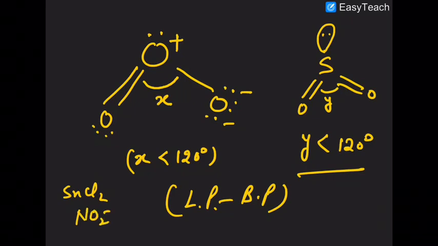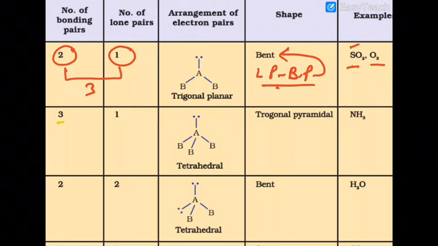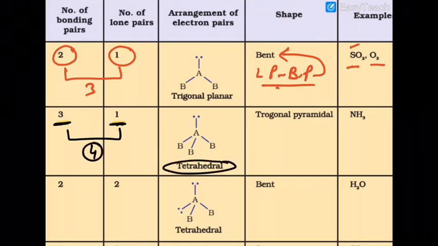Now if there are 3 bond pairs and 1 lone pair, I am repeating once more, total 4 electron pairs are there. The perfect geometry should be tetrahedral, but due to the presence of lone pair, there is lone pair, bond pair repulsion.